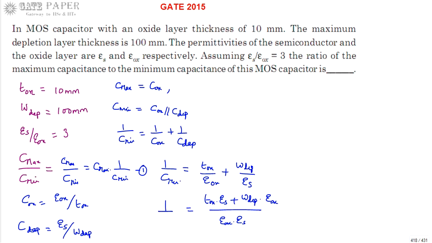So now this is 1 by C minimum. Substitute this value of 1 by C minimum in equation 1 along with the C maximum value.